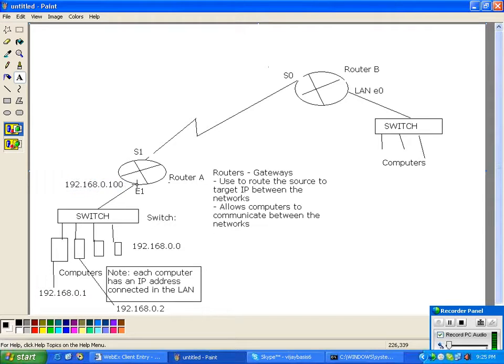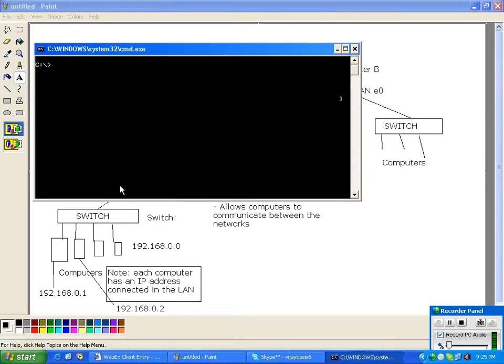I'm giving an IP address even. This port is called the LAN port in the router, and this port has the IP address 192.168.0.100.